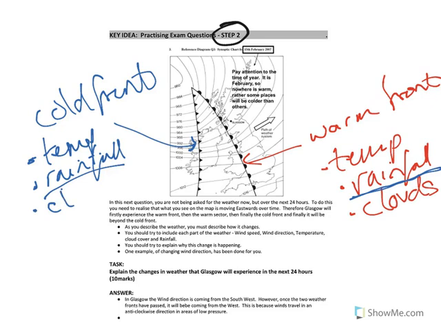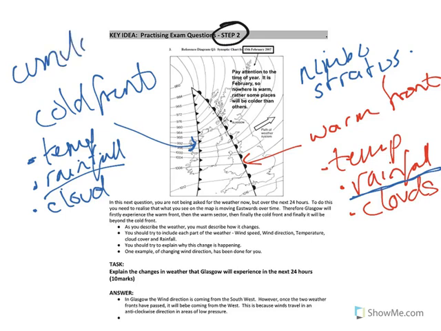And finally, the clouds, well, we get these sort of nimbostratus clouds when it's a warm front, or cumulostratus, basically different types of clouds, whereas on cold fronts we get the massive rain clouds that are called cumulonimbus clouds.